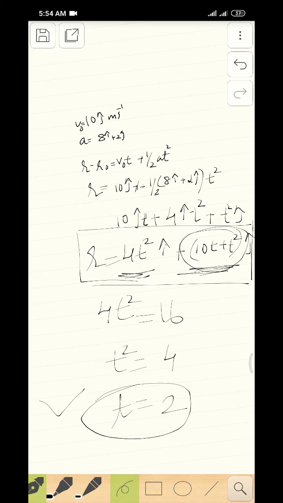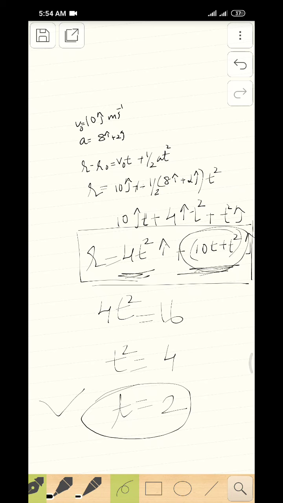And if the acceleration is asked for, then again you have to differentiate that velocity vector with t, that is d by dt of v. Then you will obtain the acceleration vector, and again substituting the value of t equal to 2 seconds, you can find out the value of acceleration at 2 seconds.